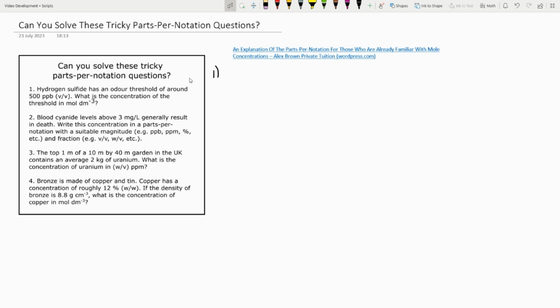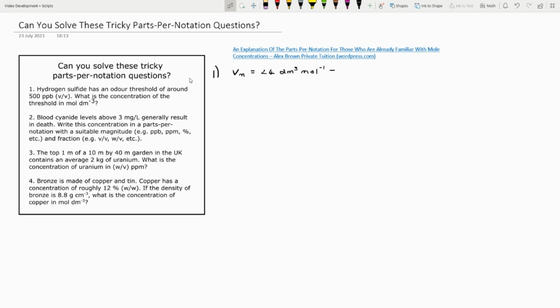This means that for every 24 decimeters cubed of hydrogen sulfide, we're going to have 1 mole. This is an intrinsic property of ideal gases. So the molar volume, Vm, of hydrogen sulfide is equal to 24 decimeters per mole.